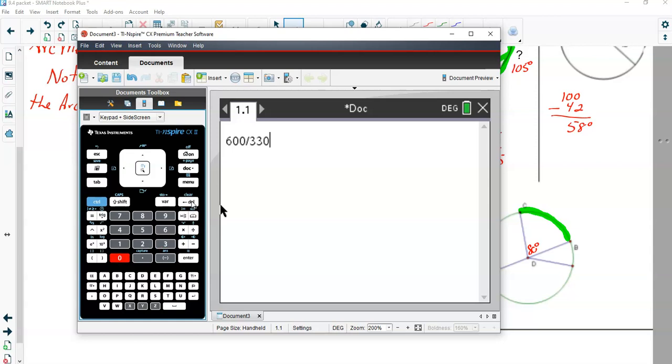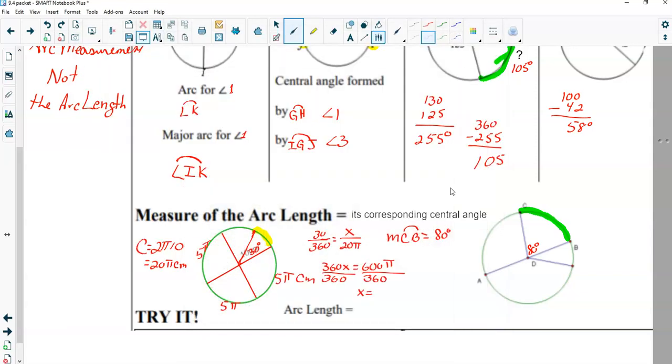Sorry about that, 360. And notice it's 5/3, right? So basically this is 5/3 pi, or 5 pi over 3. So this is what this would measure.